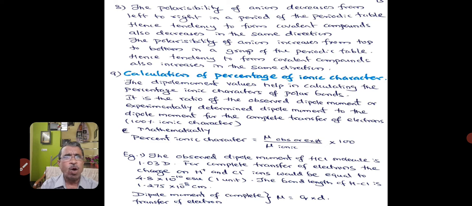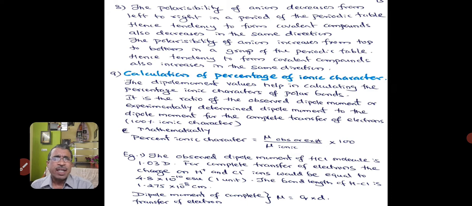It is the ratio of the observed, or experimentally determined, dipole moment to the dipole moment for the complete transfer of electrons, that is 100% ionic character. Mathematically, percent ionic character is equal to the observed dipole moment divided by the 100% ionic dipole moment, into 100.